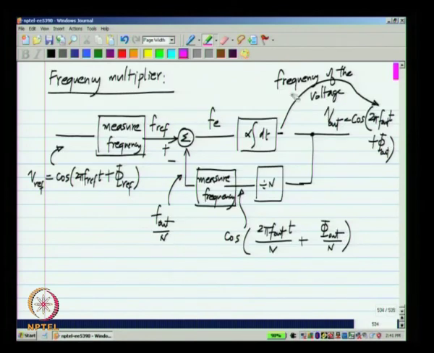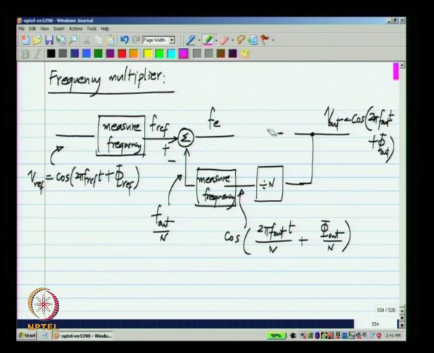So, what do we do now? We can generate the output using a voltage controlled oscillator, and the control voltage of the oscillator must be related to the integral of the frequency difference. Once again, if you walk through this, the system will reach steady state when the input to the integrator is 0. Then Vc will be a constant, and if Vc is a constant, the output frequency will be some constant. So, we will have constant frequencies everywhere and steady state is reached.